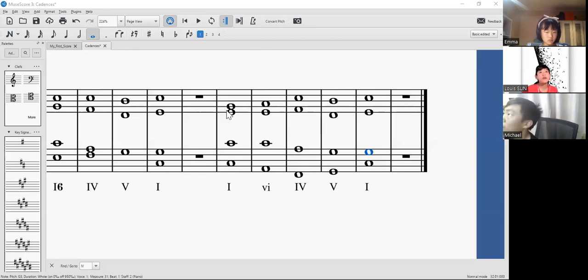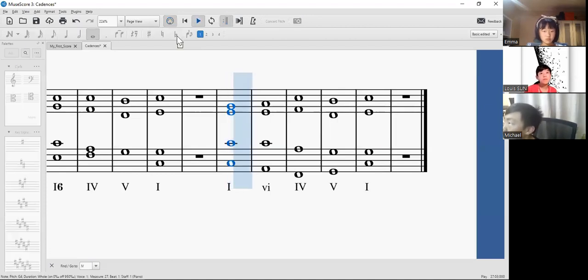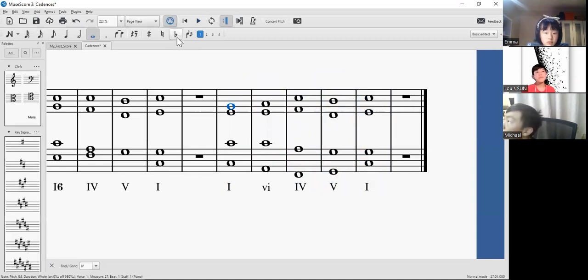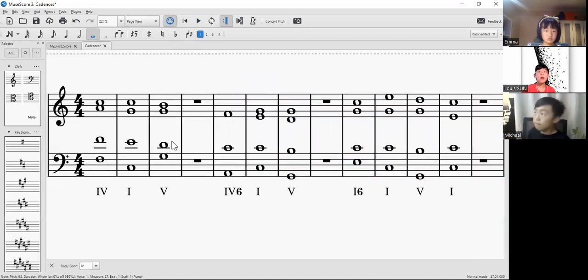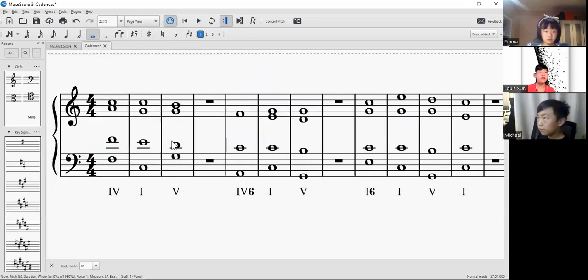5-chord progression, 1-6-4-5-1. Sounds brilliant. Notice how cadences usually contain only 2 chords, right?